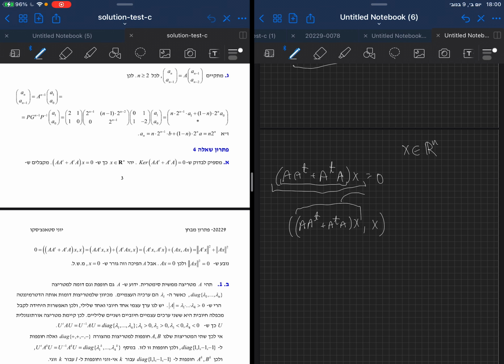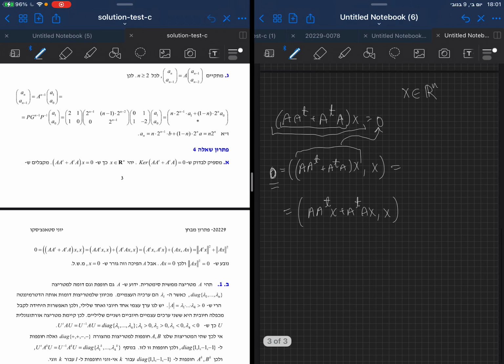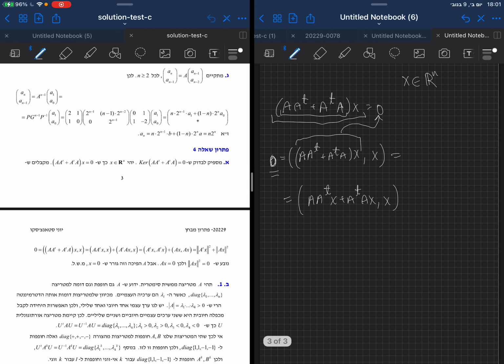So this is 0. This is our assumption. So an inner product with a 0 must be 0. So we can say that it must equal 0 on one side, and on the other side we can look at it like this: A transpose x plus A transpose A x, with x.